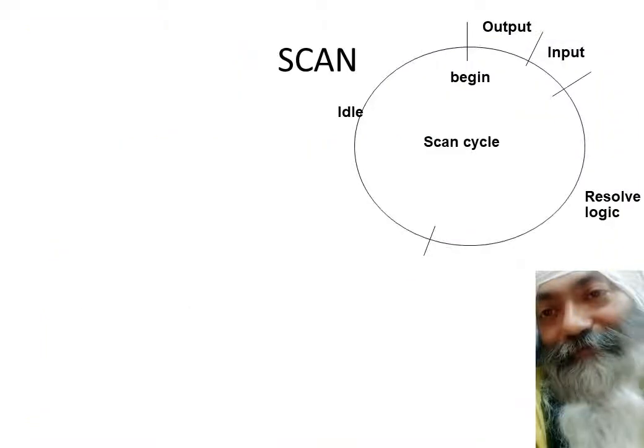How the scan looks like, as you can see from here, the scan primarily begins from here, and it first takes the input. You can also say that it begins from here, even if this is not wrong. Whatsoever data is available, it first outputs the data to the field and then immediately takes the input from the field.